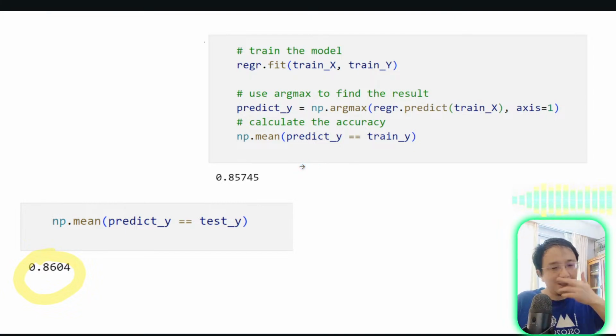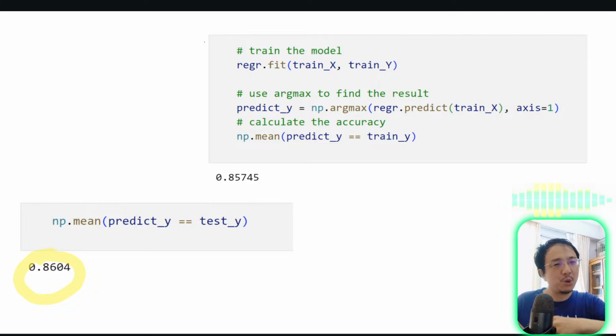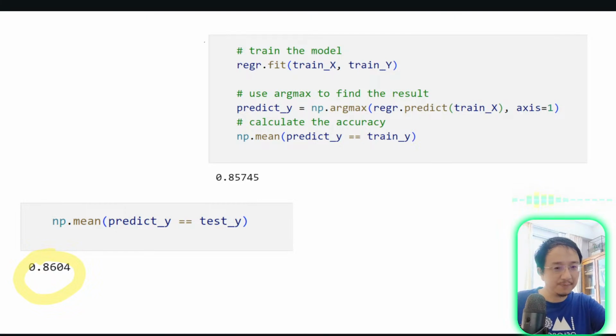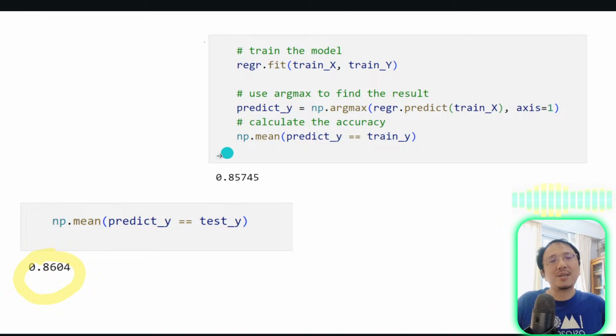This is mostly because of the model capacity: the model itself is not representative enough. It is not expressive enough to model the data. We need to do something to make the model more capable, more expressive, so that at least we can increase the training accuracy.